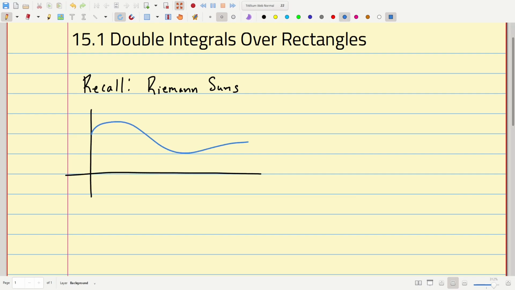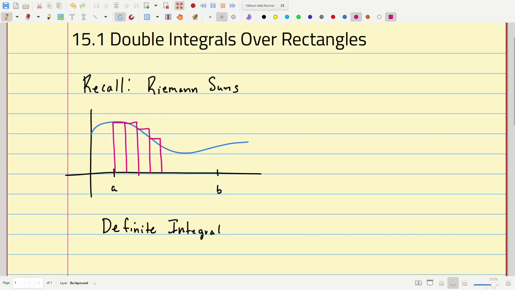If we have some kind of curve that looks like this, and I wanted to compute what we call the definite integral, what we do is we select some range of values from A to B. So this would be what we call the definite integral from A to B. And then an approximation to this would be represented by a series of rectangles that we use to approximate the area under the curve here.